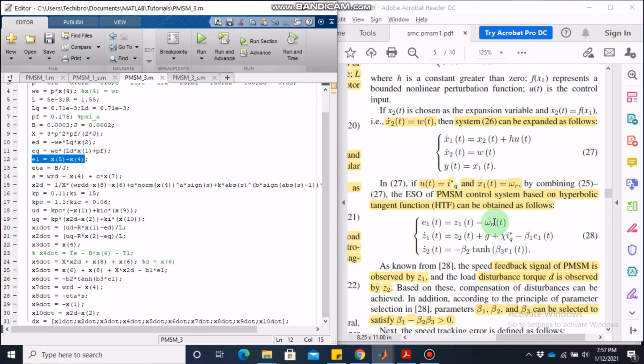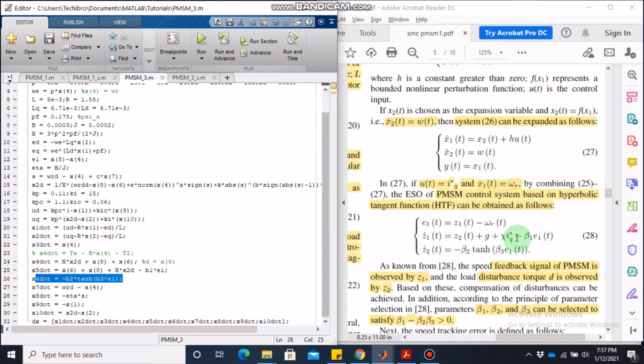Omega r, the rotational speed of the motor, is state variable number 4 in our paper, and z1 is state variable number 5. Then there is z2 dot, which is minus beta 2 tangent hyperbolic beta 3 times e1. It is written here: x6 dot is equal to minus b2 tangent hyperbolic b3 times e1.